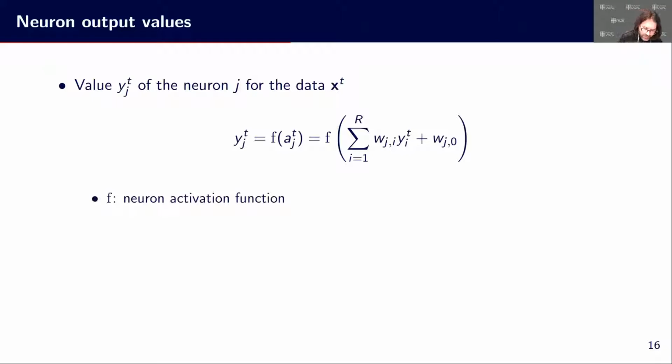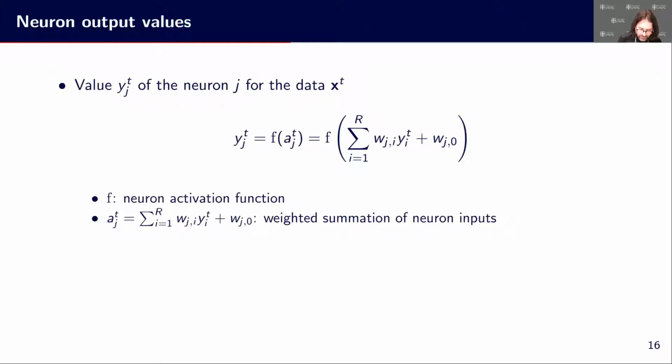So f here is the neuron activation function, which we saw before, when we started with the modeling of a neuron in a neural network, where we said that we have a transfer function and an activation function. And a here is basically the linear modeling where we make a weighted sum of the inputs of our model, which are the outputs of the previous layer, multiplied by a weight, plus some bias.